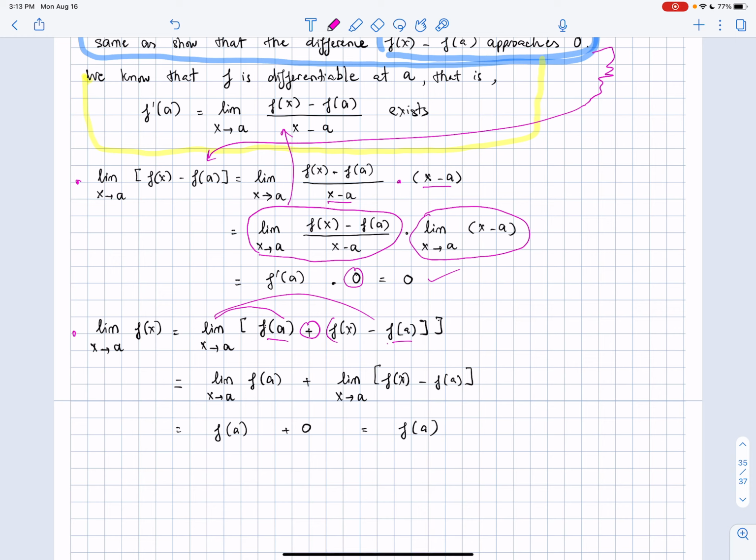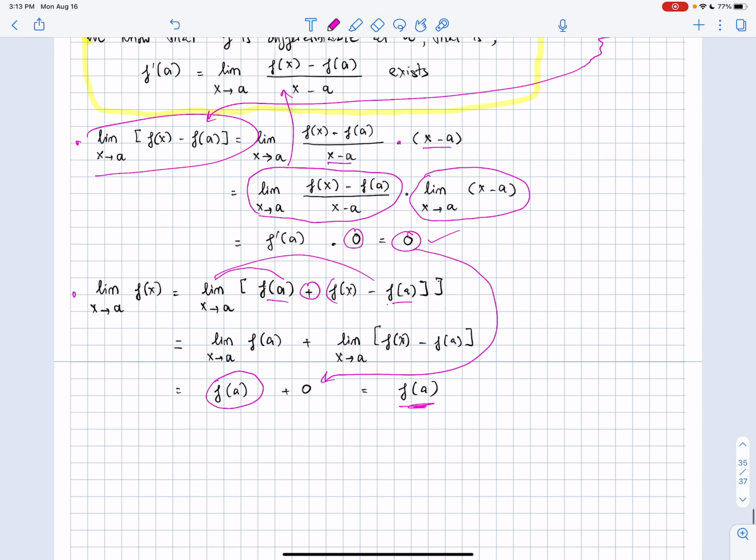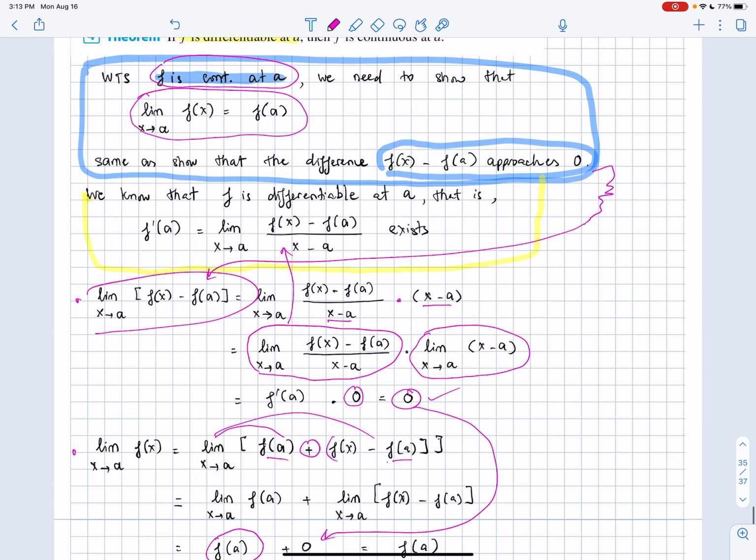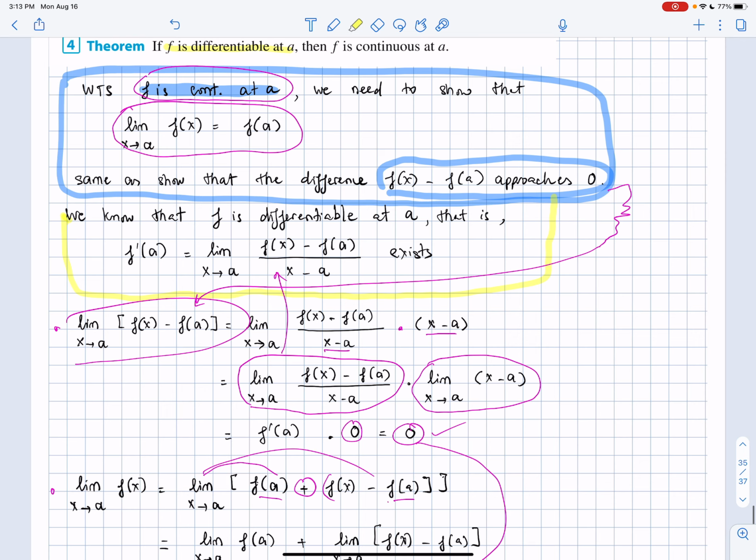For the first one, the function f evaluated at A gives us a constant. So the limit of a constant is that constant, a number. The limit of the second part is 0 because we just showed it here. Okay, so when we add them up, it equals f of A. So remember what we said?